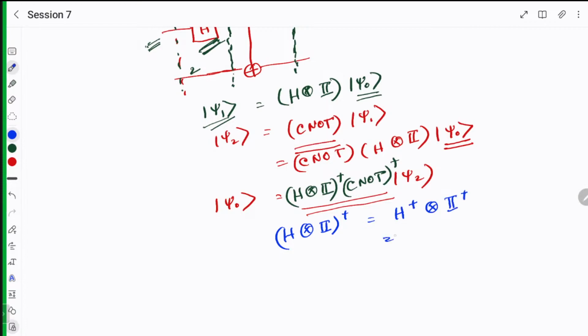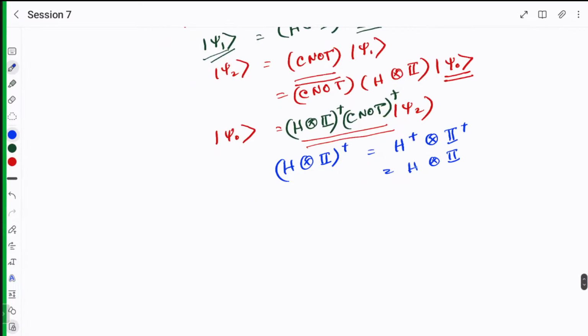So this will be H tensor I, because we have already seen that H dagger is H. And if you write out the matrix of C naught, which we did in the last class, you can check that C naught dagger is also equal to C naught.